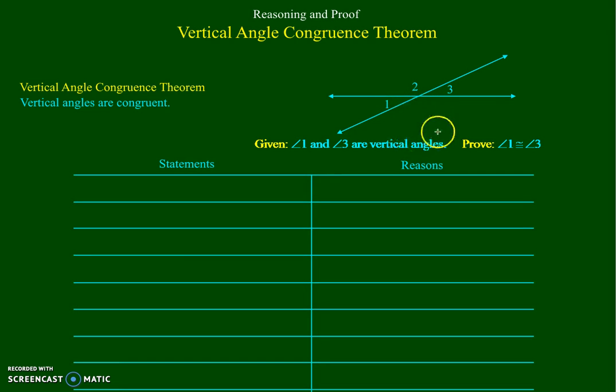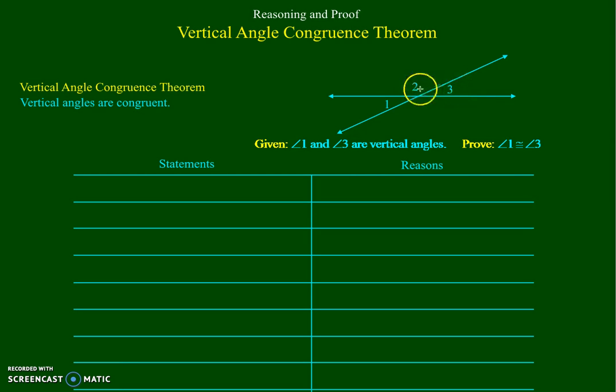So the basic plan for the proof, since we have to prove that angle 1 is congruent to angle 3, and we know that 1 and 3 are vertical angles, that means they are two non-adjacent angles whose sides form two pairs of opposite rays. Well, that tells us that angle 1 and angle 2 are a linear pair, and angle 2 and 3 are a linear pair, by the definition of a linear pair.